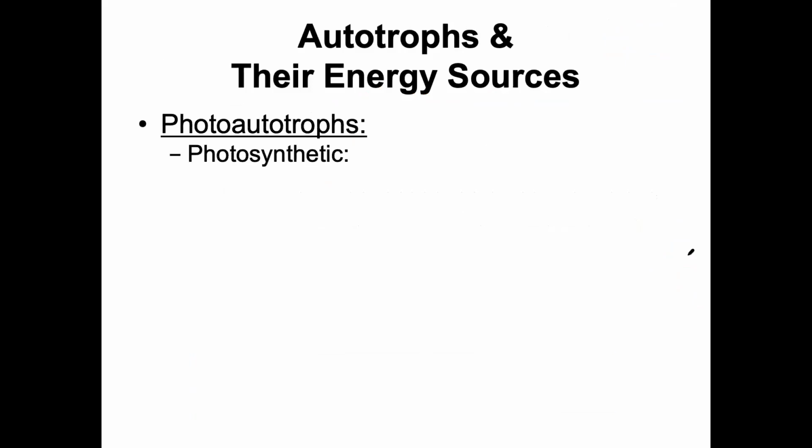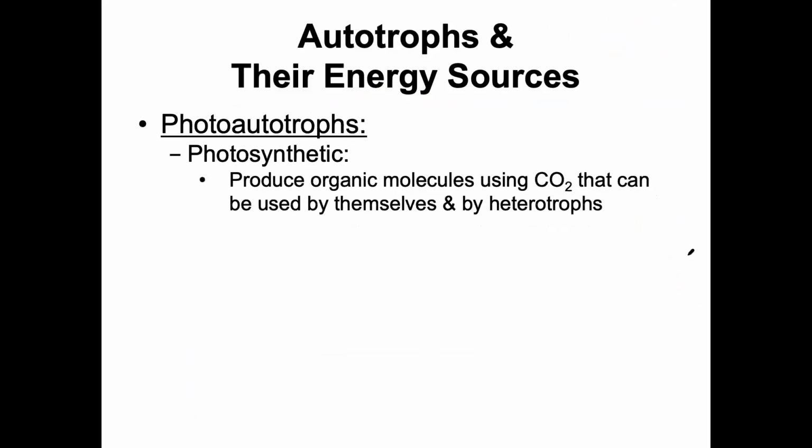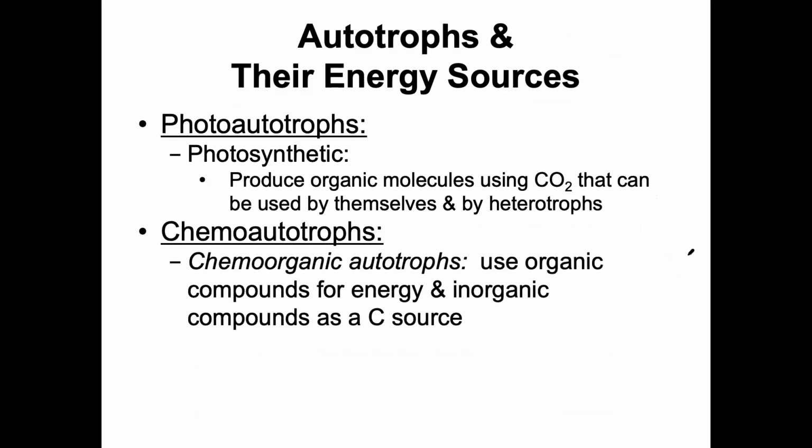A photoautotroph is photosynthetic, and we already talked about what that involves. So they have to have light to exist. A chemoautotroph uses inorganic compounds for energy and an inorganic compound as a carbon source.